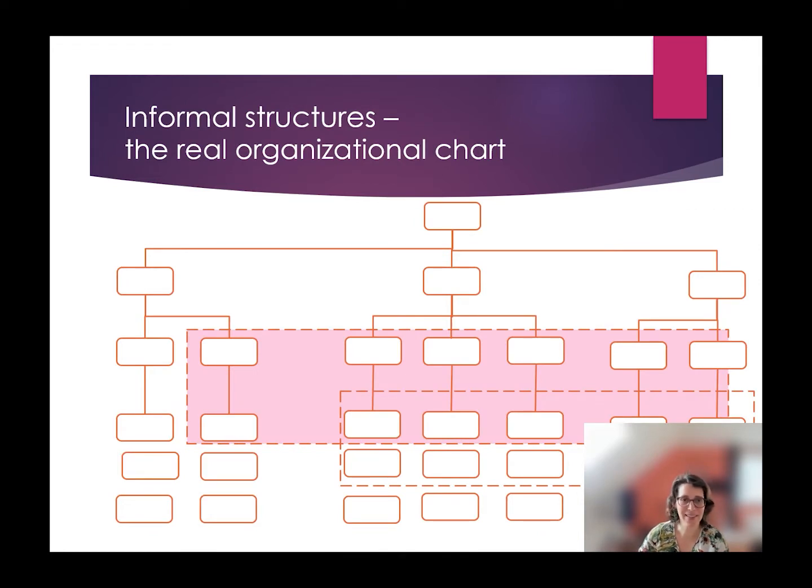But as said, let's have a look at informational structure and real organizational charts. So what can happen is that there are certain people that have similar interests, what you can see here marked in pink. So they can maybe form a guild. But maybe you also have personal relationships, like people having an affair together or having some other relationships together. Maybe they are jealous of each other, or maybe they are personally related, like they are sisters.